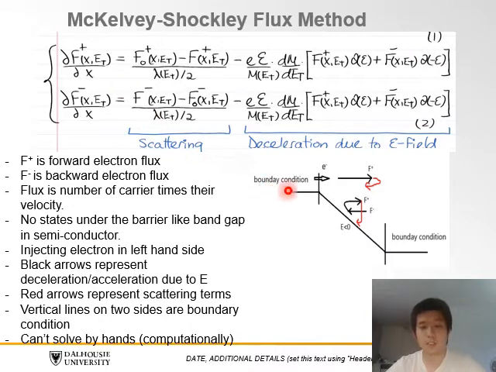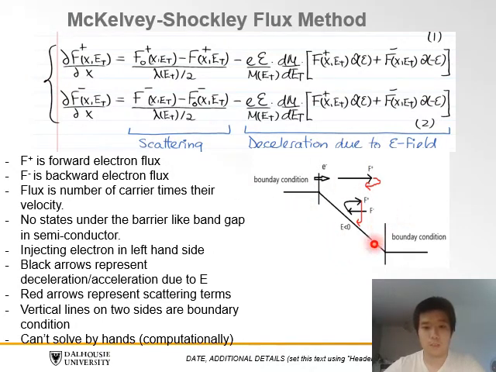Look at the picture here. The bottom line here is the potential barrier for electron charge. Everything above this line is like states in the conduction band. Everything below this line is like the band gap, where no states exist.